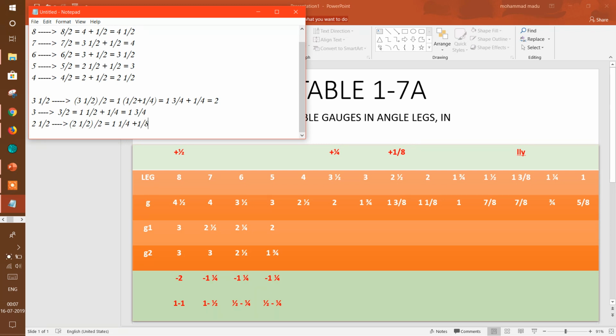Just calculate aside. 1 by 4 plus 1 by 8, how much? 3 by 8. 1 3 by 8. Yeah, you can see the value 1 3 by 8.